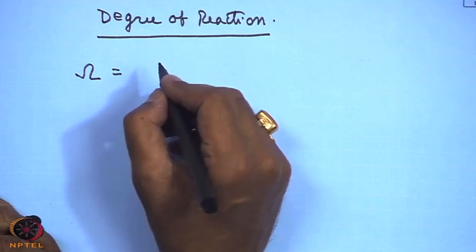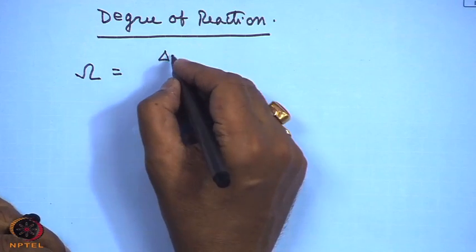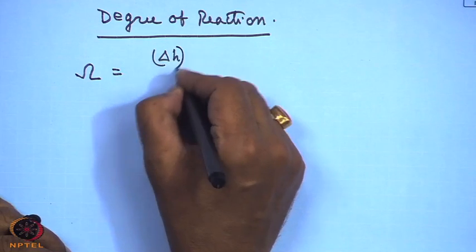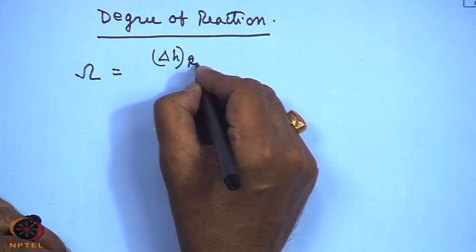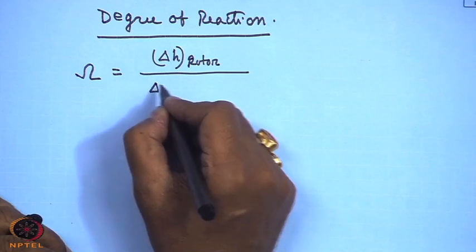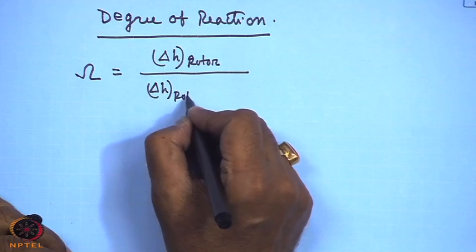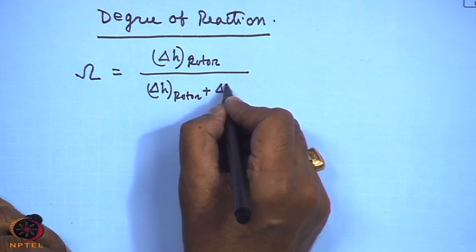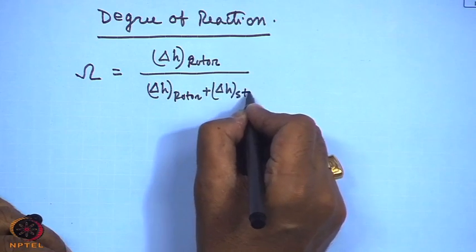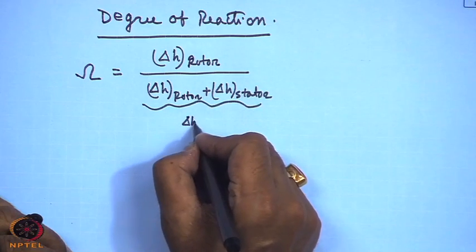In terms of enthalpy it is defined. The change in enthalpy, let us consider per unit mass, in the rotor divided by the change in the stage, delta H rotor plus delta H stator. This is known as delta H stage.